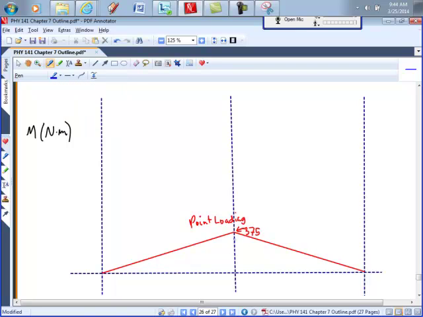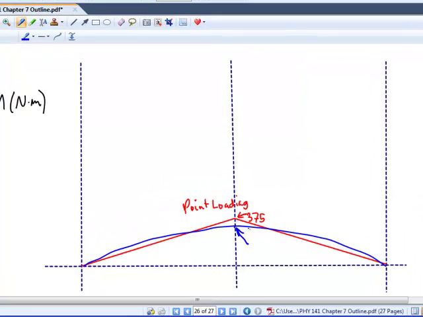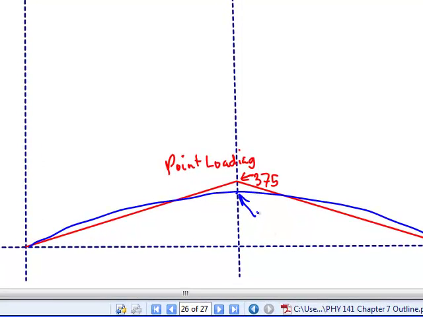That's going to be a little bit lower here, and more of a parabolic shape. Maximum value 337.5. And this is going to be distributed loading. I'll write that underneath.